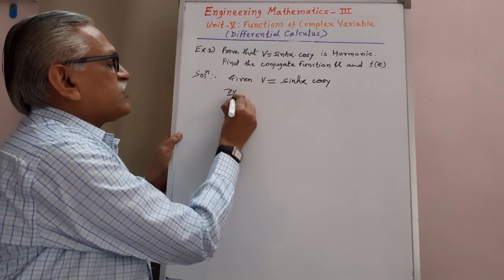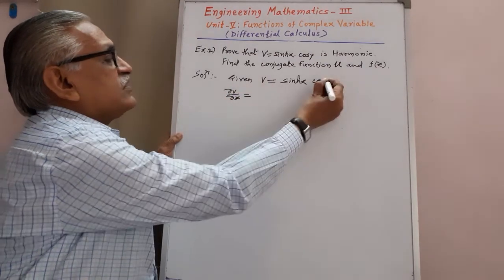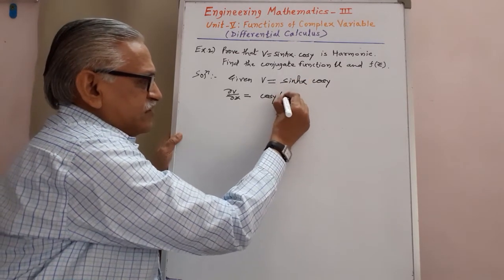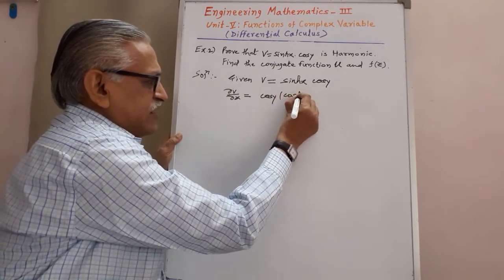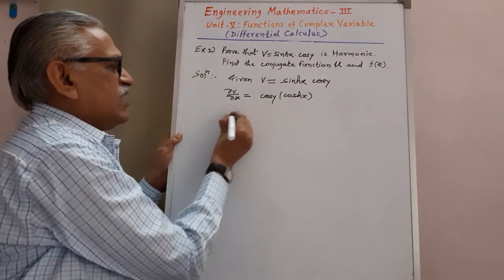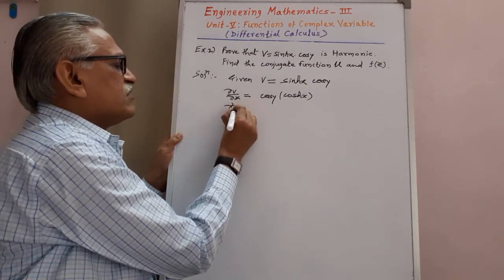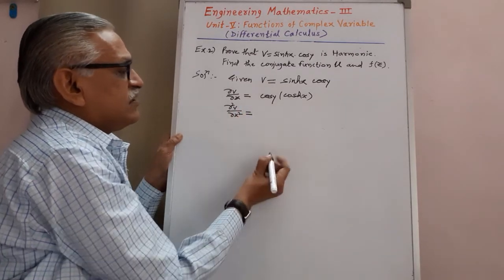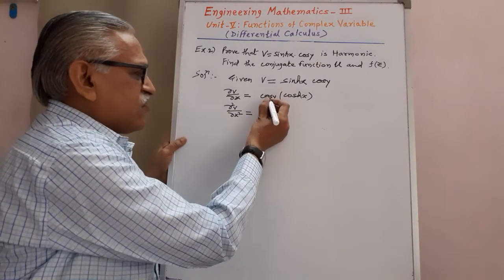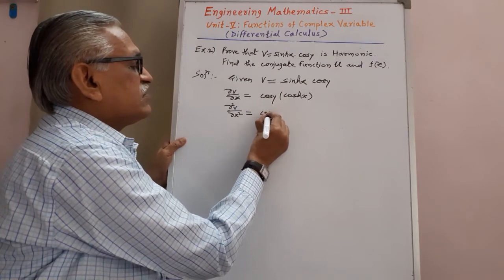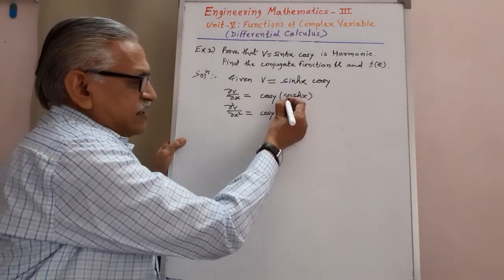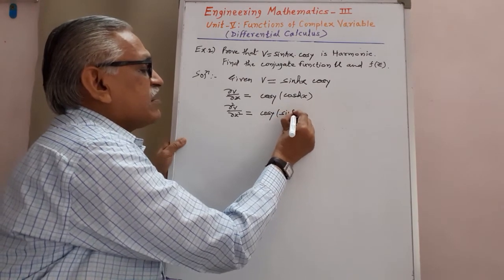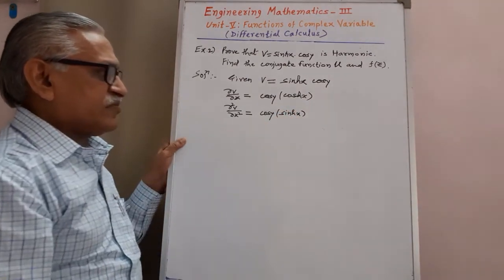Therefore, differentiating with respect to x, keeping y constant, therefore cos y is a constant term. Derivative of sin hyperbolic x is cos hyperbolic x. Again differentiating with respect to x, keeping y constant, therefore cos y constant. Derivative of cos hyperbolic x is sin hyperbolic x.